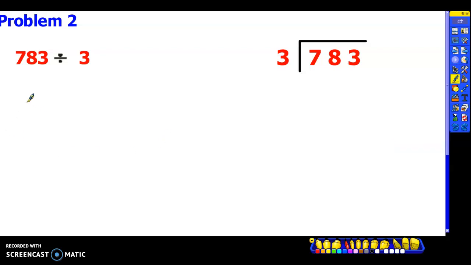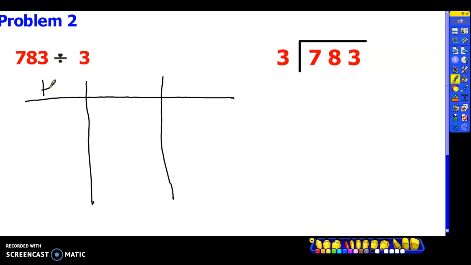783. Again, let's show our place value chart. I have 7 hundreds, 8 tens, and 3 1s.